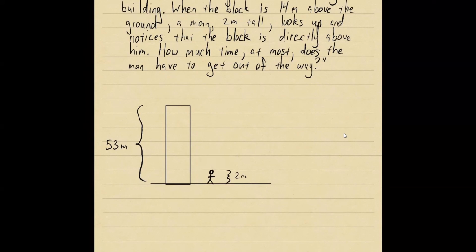So a rock starts from the top of this building and it accidentally falls to right about here, let's say. So it starts falling from here. And when it gets to this point, which is 14 meters off the ground, this distance here, it's 14 meters.